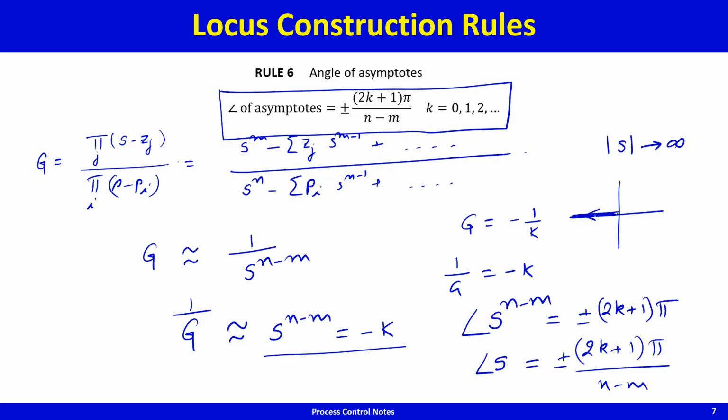If n minus m is 2, the asymptotes occur at plus minus pi divided by 2. So this is for n minus m equal to 1.